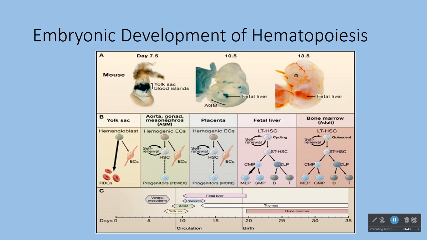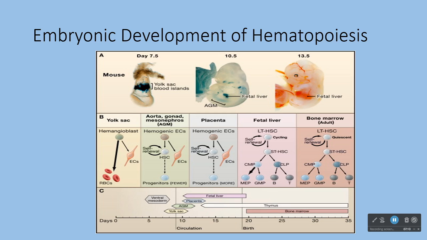So once the AGM takes over and begins to produce hematopoiesis, then you get the hematopoietic stem cell, HSCs. It stands for hematopoietic stem cell. Now, we're going to talk a lot about this guy in the next few chapters.